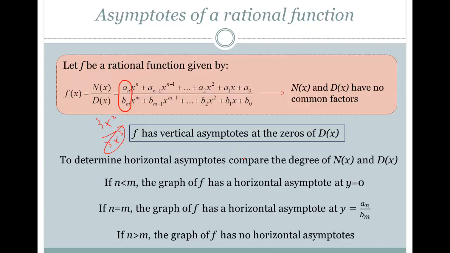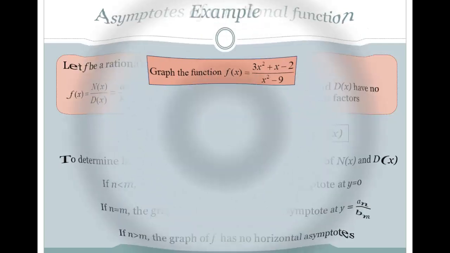So if I had something like 3x to the fourth over x squared plus 2, the term up here grows faster than the one below, and so as x gets huge, this is going to go off to positive infinity. So understanding those is going to be important.